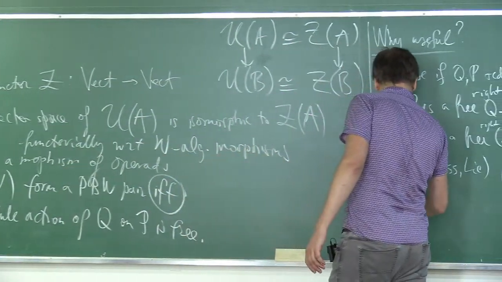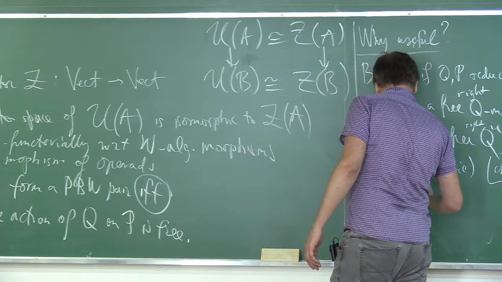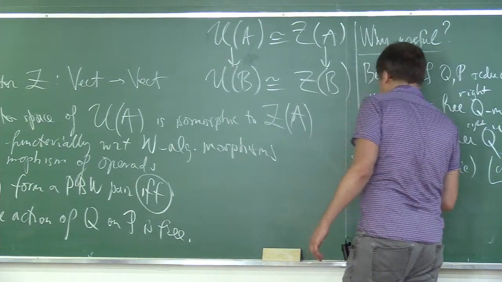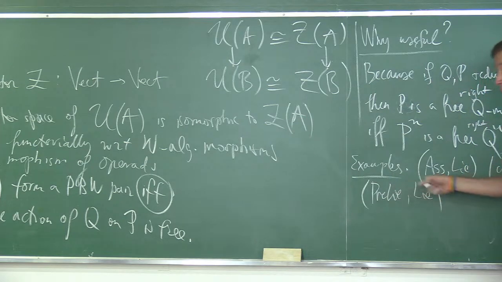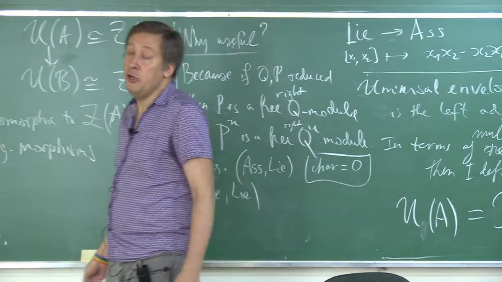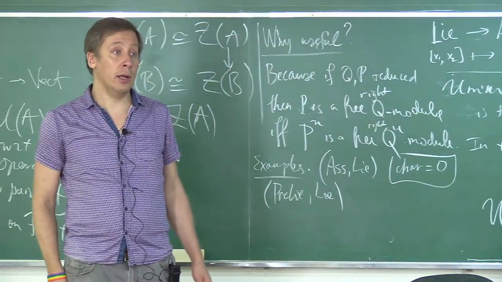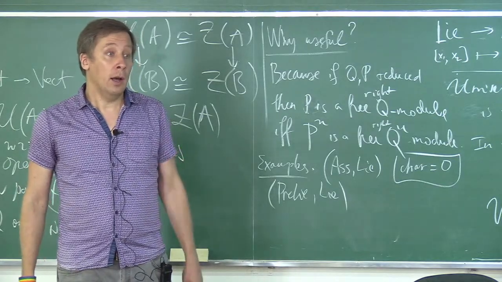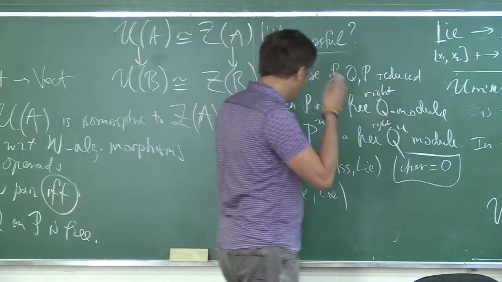You can also use this result to prove that the pair pre-Lie and Lie is a PBW pair. This is a new result. It was not known prior to this work.